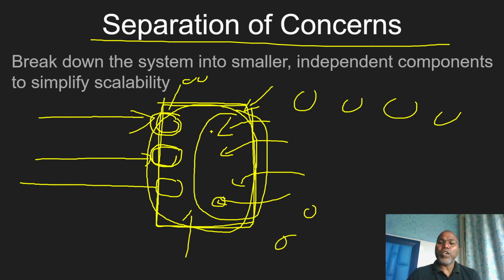So if you design the system for specific purposes, these are separate microservices, these are separate microservices. Each logical function should be in a separate microservice, running on a different server.